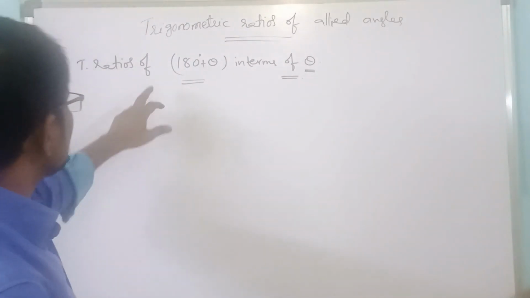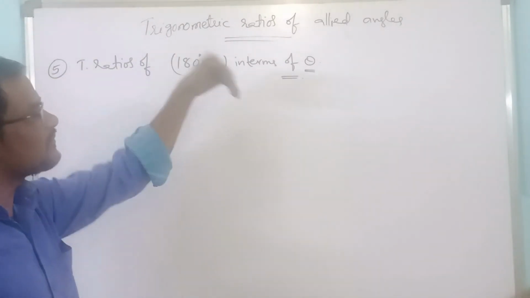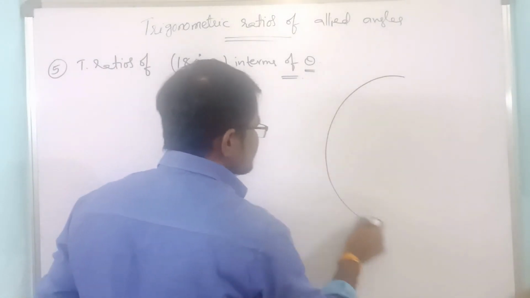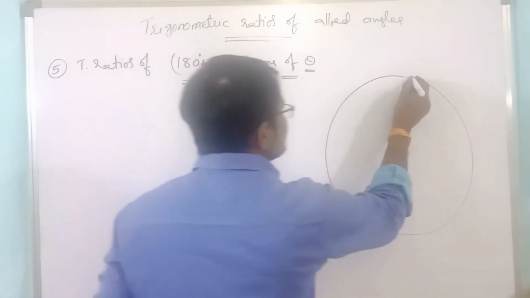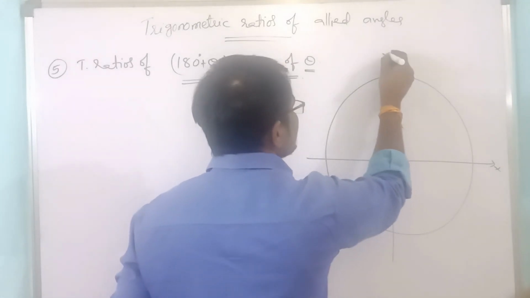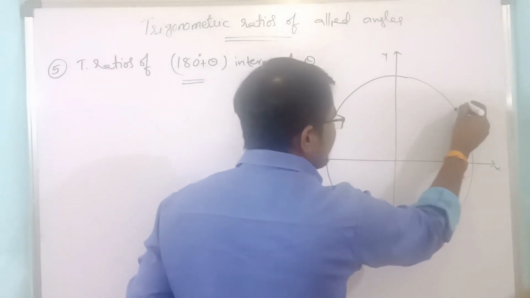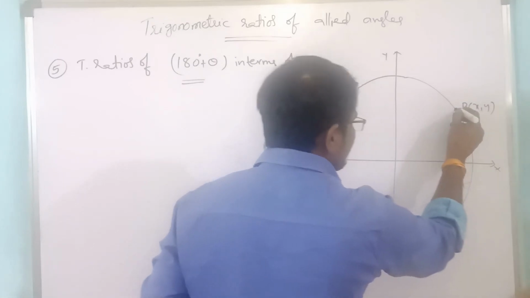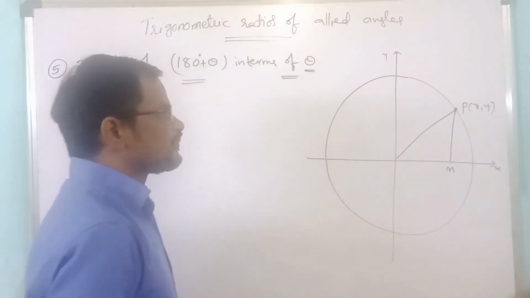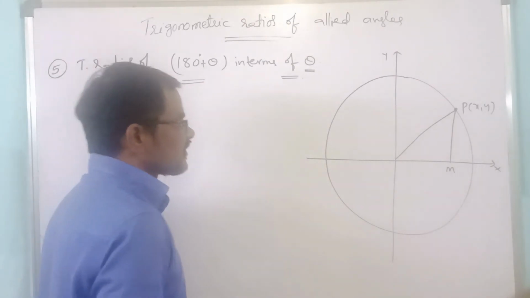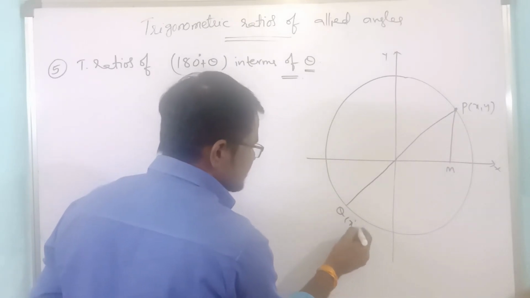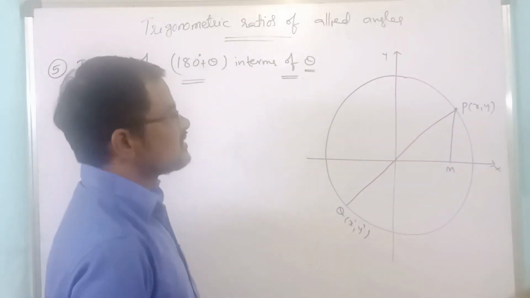Right? Trigonometric ratios of 180 plus theta in terms of theta, how to write? So here also, consider a circle whose center is the origin and radius is r. One point P, (x, y), is taken on the circle. Draw PM perpendicular to the x axis, and one more point Q, which is (x dash, y dash), is taken on the same circle.